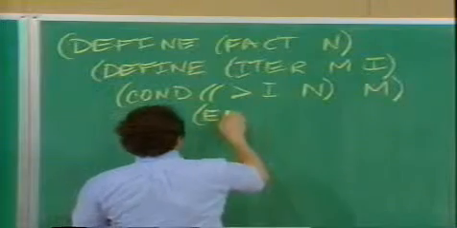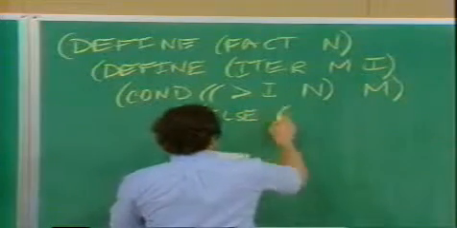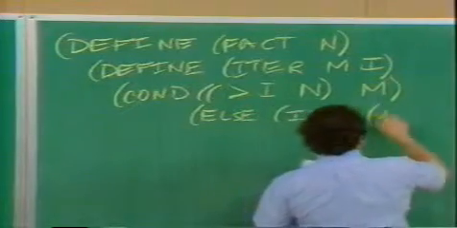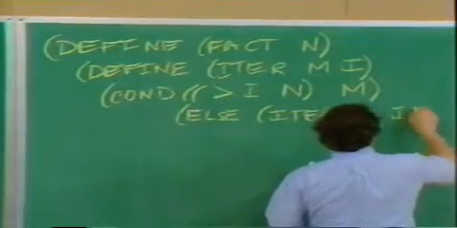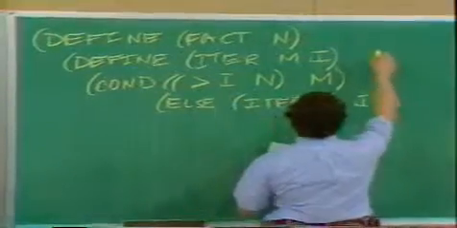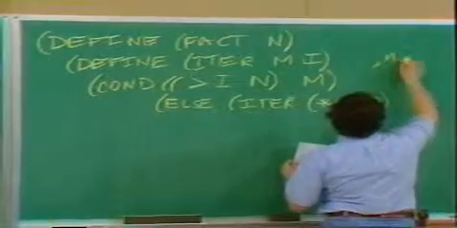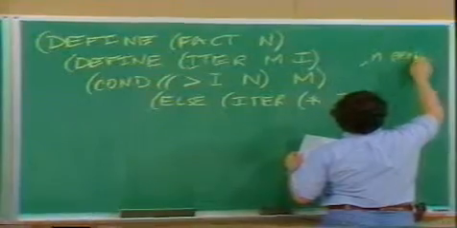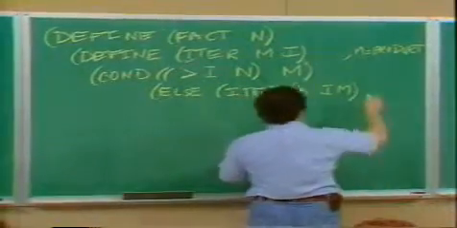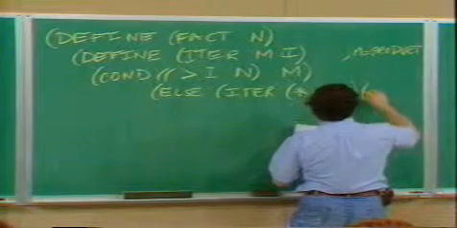Otherwise, it's the result of iterating the product of I and m. So m is going to be the product that I'm accumulating. M is the product. Okay? And the count I'm going to increase by 1.